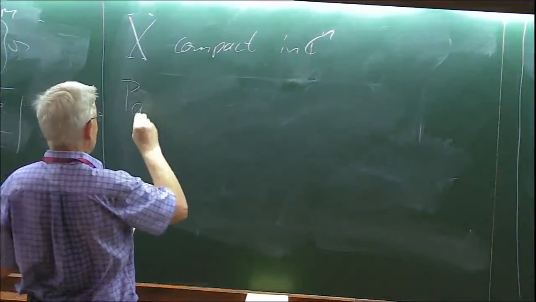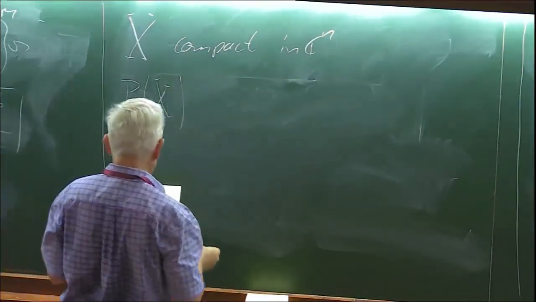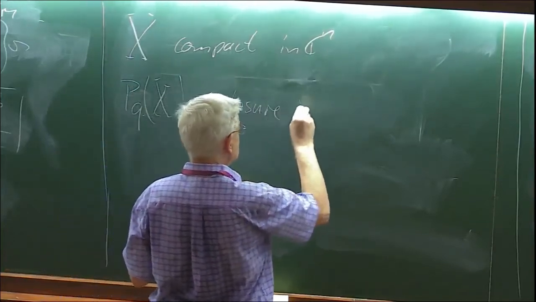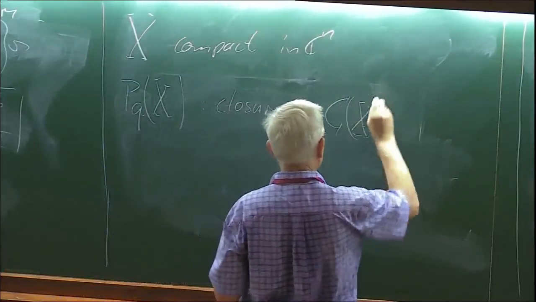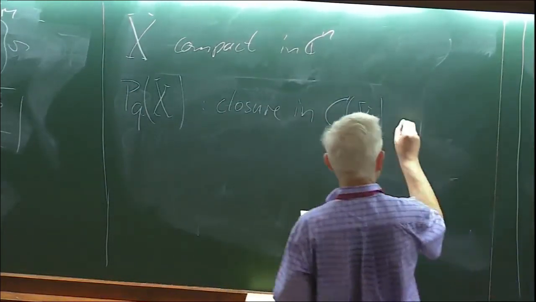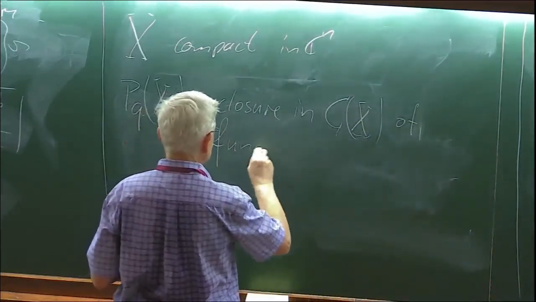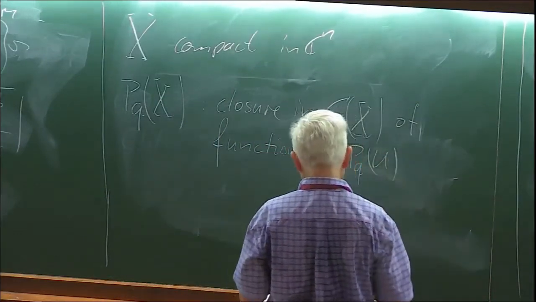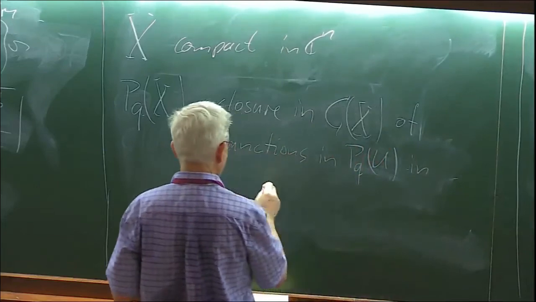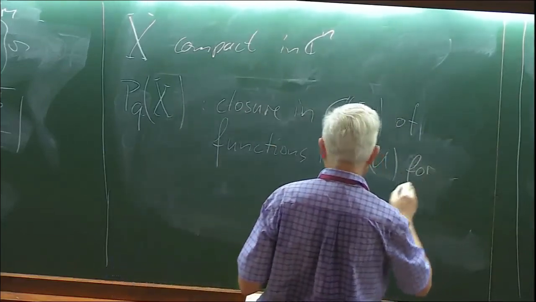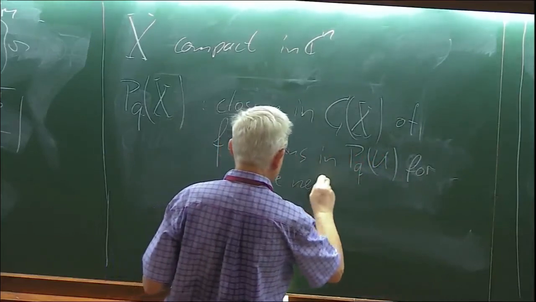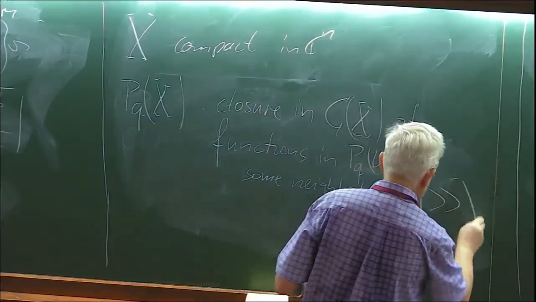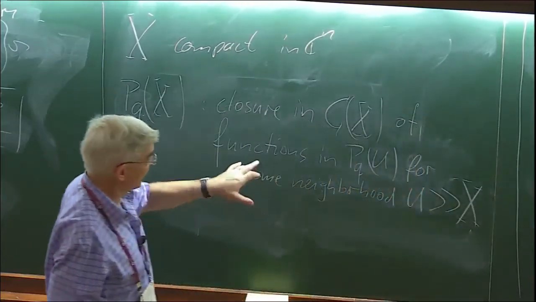We denote by P_q(X) the closure in C(X), in other words, the uniform closure on X, of functions in P_q(U) for some neighborhood U. The neighborhood is allowed to depend on the function.